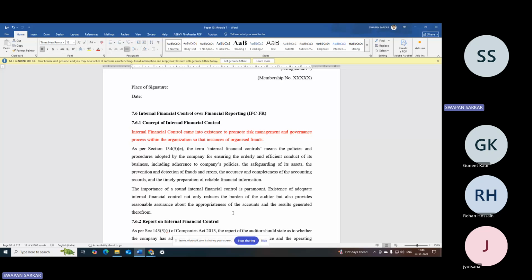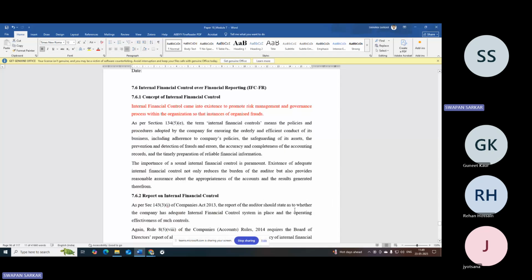The importance of a sound internal financial control is paramount. Existence of adequate internal financial control not only reduces the burden of the auditor, but also it provides reasonable assurance about the appropriateness of the accounts and results generated therefrom.